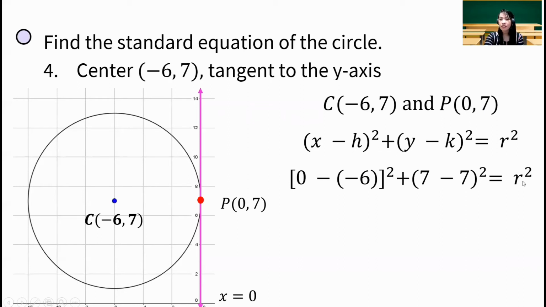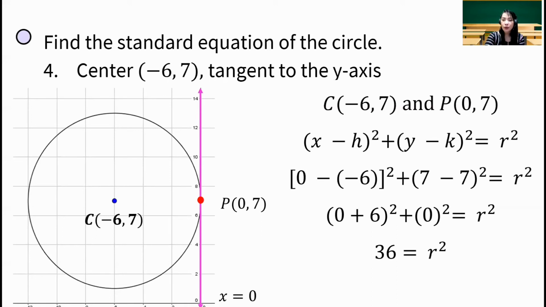So the unknown is r. To simplify, negative times negative is positive, so 6 squared, plus 7 minus 7 is 0 squared, equals r squared. 0 squared is 0, so what remains is 0 plus 6. 0 plus 6 is 6 squared, and that is 36. 36 is equal to r squared.